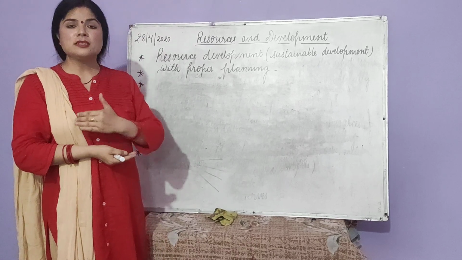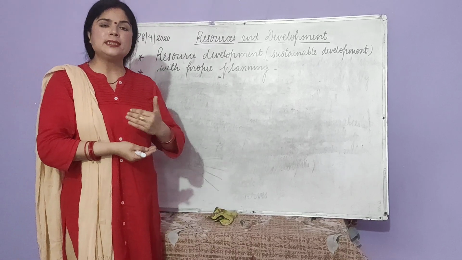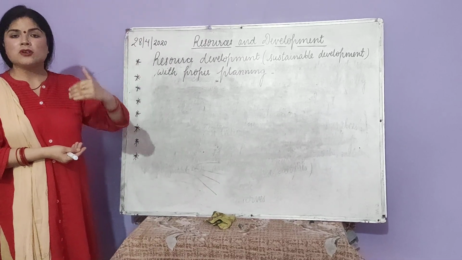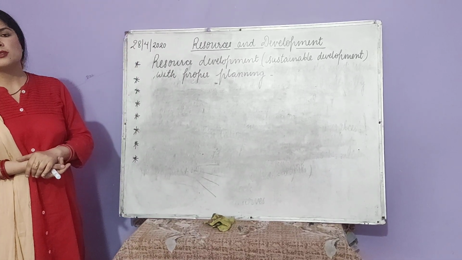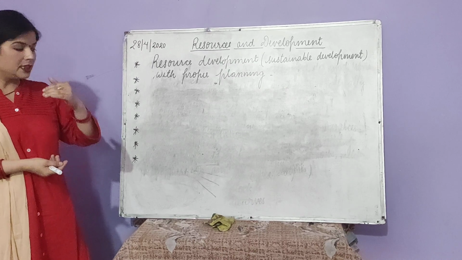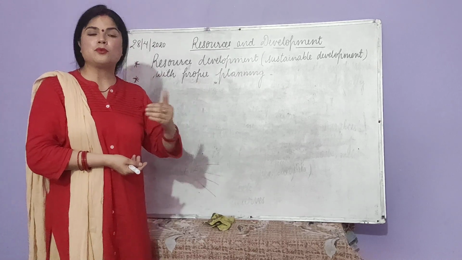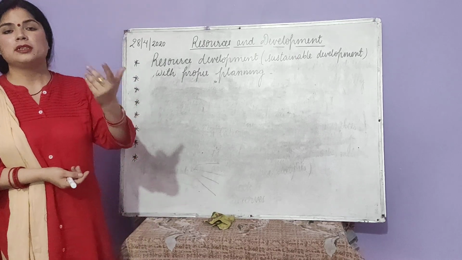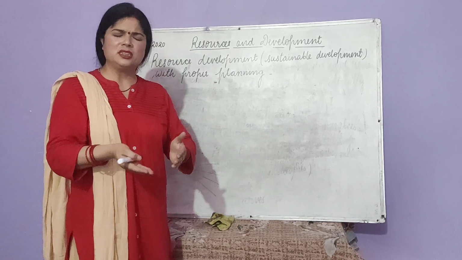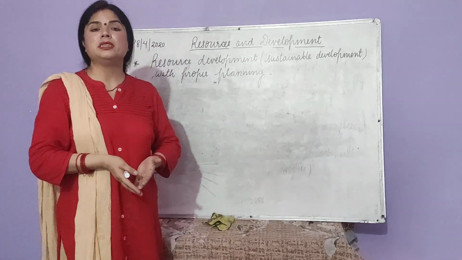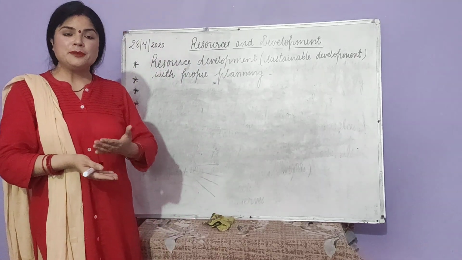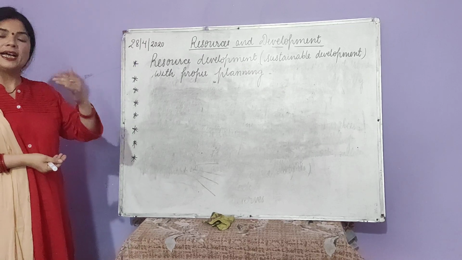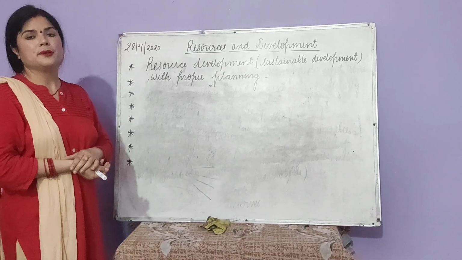So imagine, students, if we disturb nature, what kind of situation can be there in front of us? Really, we can have so many problems. These problems can be in the form of natural disasters, where a lot of destruction can happen. Many people can lose their lives. Many animals can die.